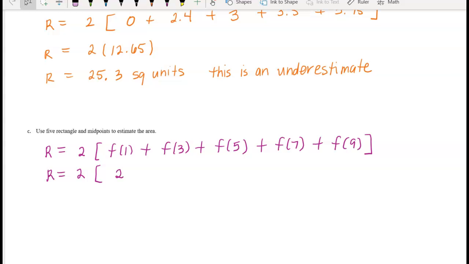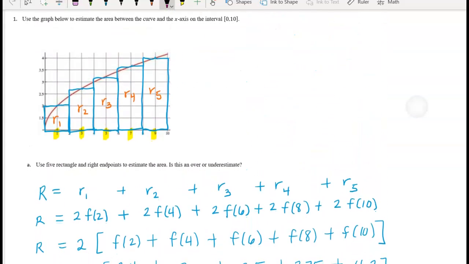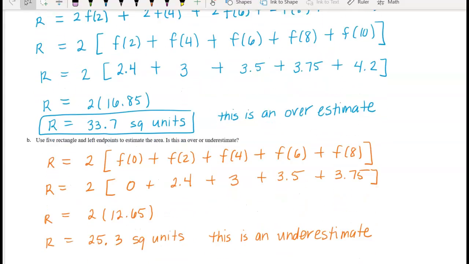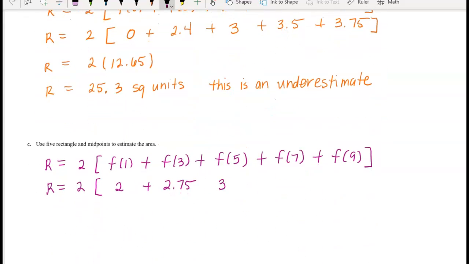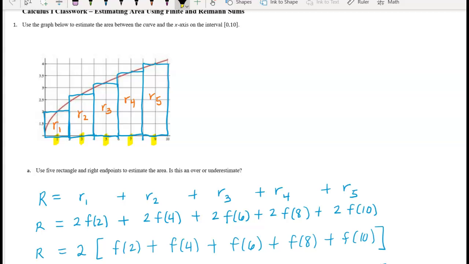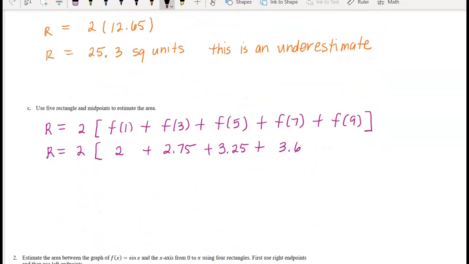I think this one's 2 and this one's 2.75. F of 5 is maybe 3.25 and f of 7 maybe 3.6. I'm just estimating. And then f of 9, maybe at 4.